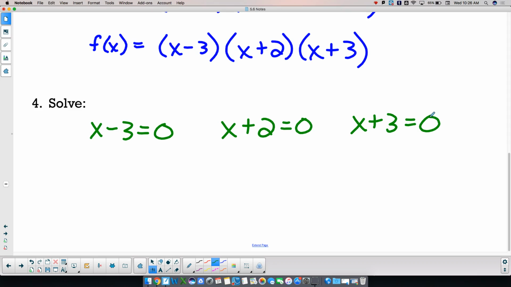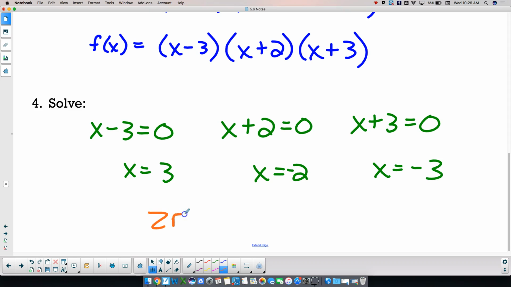So that gives me 3, that gives me negative 2, and that gives me negative 3. So the zeros here of this function are negative 2 and plus and minus 3.